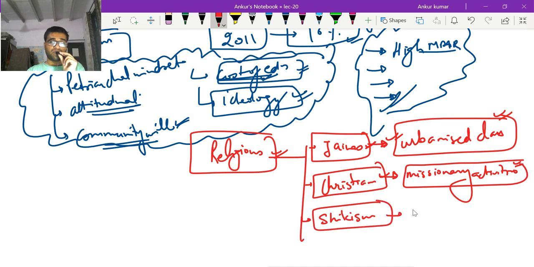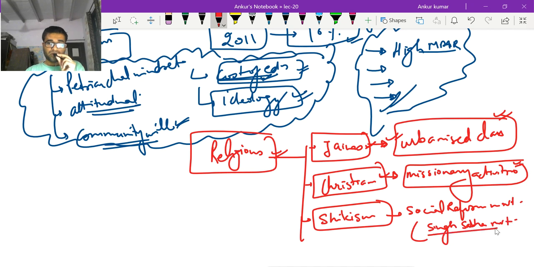Why is literacy high in Sikhism? They were affected by the social reform movements, and these social reform movements promoted education. It was basically the Singh Sabha movement that promoted education in Sikhism.